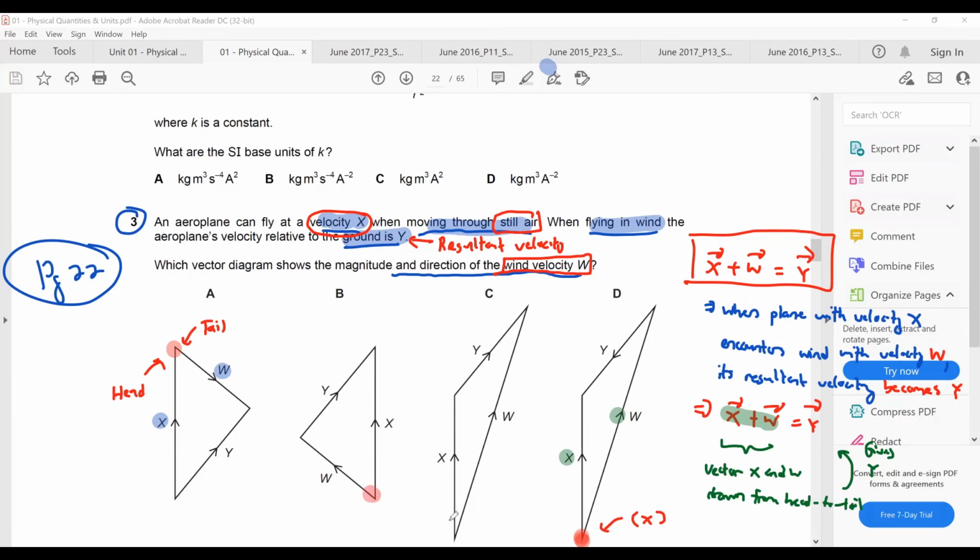Notice that tail is meeting tail, tail is again meeting tail. So this one is always tail and tail. This is also tail and tail. When meeting head to tail, you will see that head and tail will meet. That is what we mean by head to tail. So now you see, drawn from head to tail, this is correct.